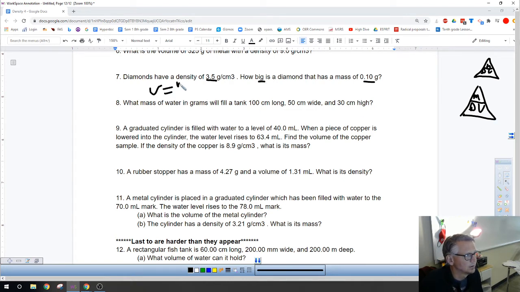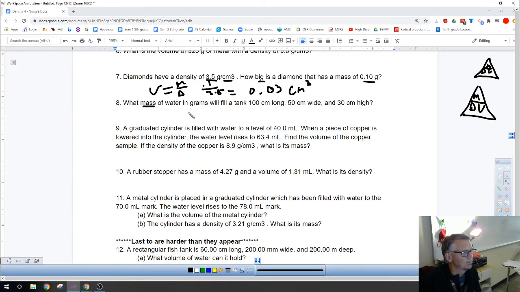Volume is equal to mass divided by density. Our mass is 0.1 divided by our density, which is 3.5. We divide that out. We get an answer like 0.03. And seeing it's a volume, our volume is going to be in cubic centimeters.